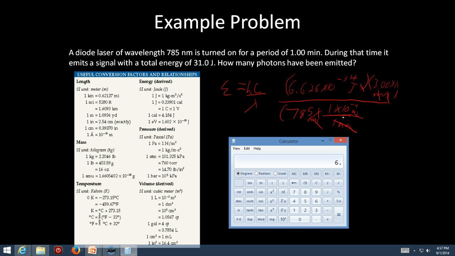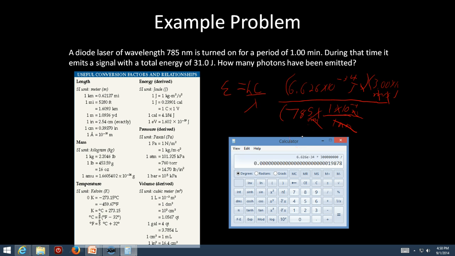So 6.626, and then exponent here, and then we have negative 34, times 3. Remember, it's exponent 3 to the 8th, because it's 3.00 times 10 to the 8th. Remember, it kept erasing it.